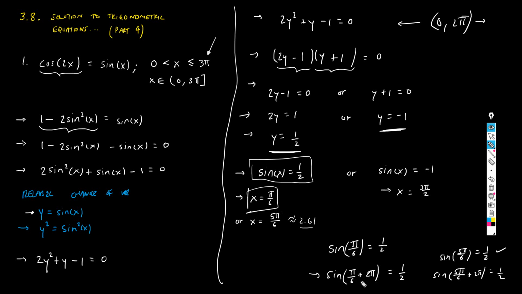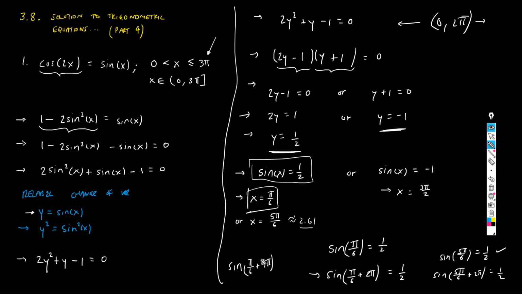That's why this value also works. That's why this other value will also work. For example, sine of pi over 6 plus 4 pi will also work. Why? Because this is at a distance of 2 pi from this one, right? If you add 2 pi to this solution, you will get this.